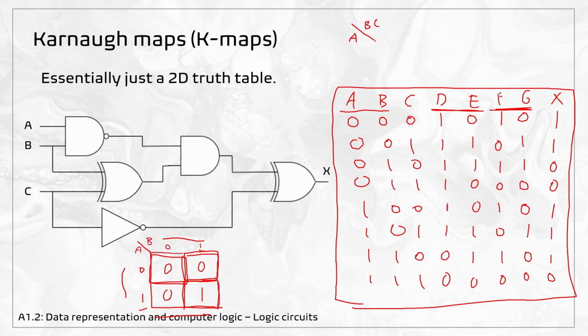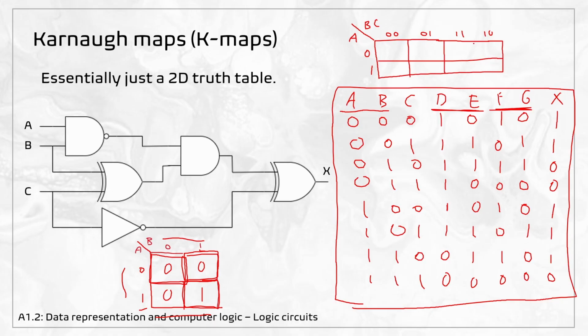Now, instead of having 2 columns, so just 0 and 1, we'll actually have 4 because there's 4 unique combinations of B and C. So we'll have 0 and 1 for A, and we'll have 0 0, 0 1, 1 1, and 1 0. That's just the traditional way to write the K-map. So now we can just fill in the outline for the K-map like so.